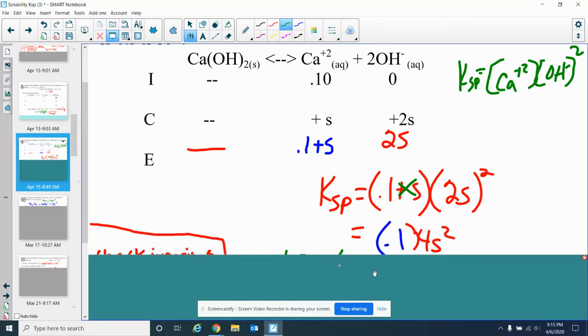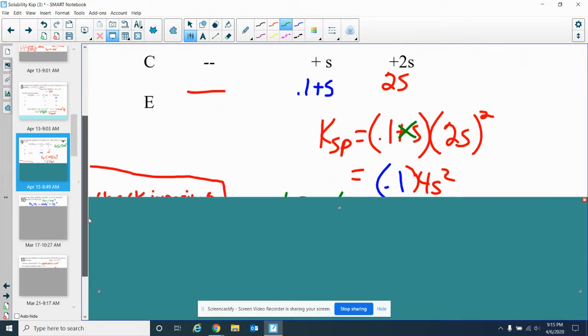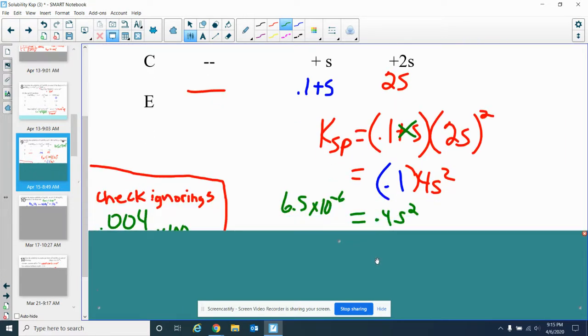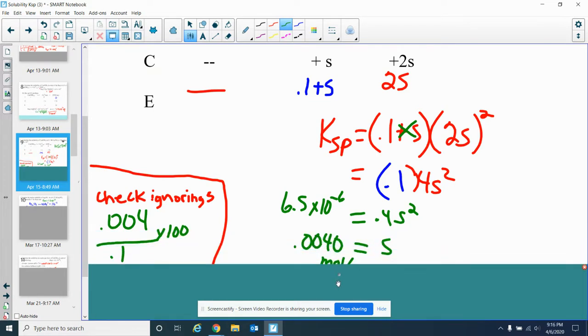So then plugging in for the KSP, 6.5 times 10 to the minus 6 equals 0.4 S squared.